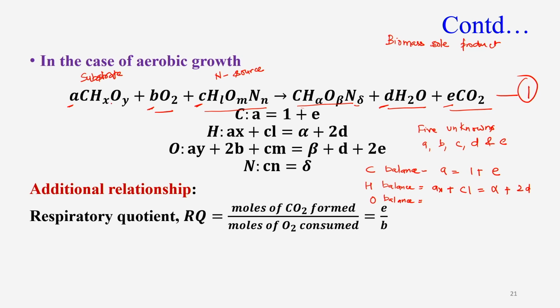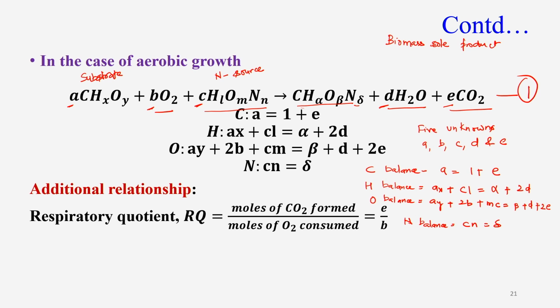So, here oxygen is Ay plus 2B plus Cm, this equals to oxygen on the right, C beta plus D plus 2E. And next we go for nitrogen balance, that becomes Cn equals C delta.